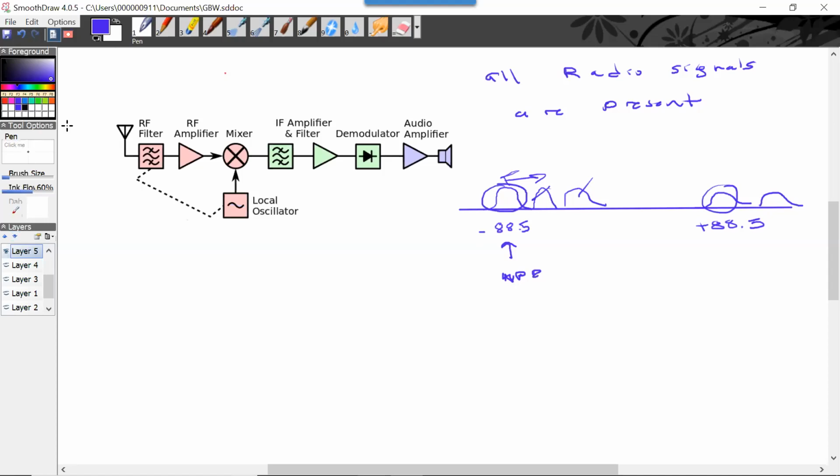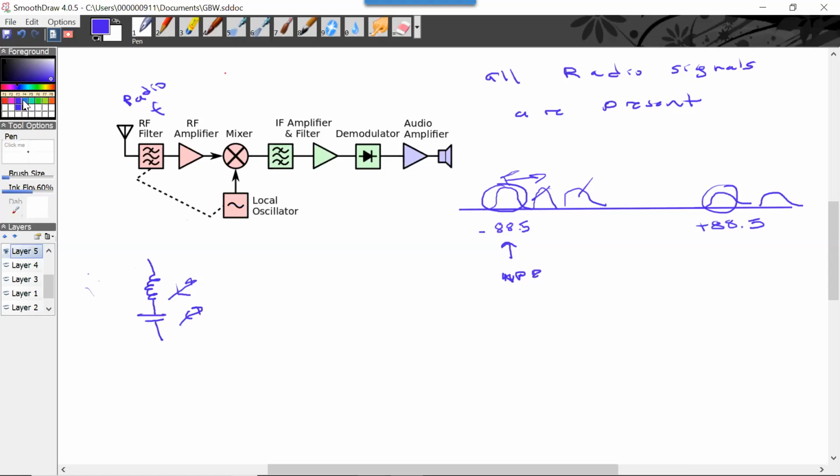Well, RF is radio frequency, and we need a bandpass. A simple bandpass is just an LC circuit. So the antenna will come in and you can tune the capacitor or tune the inductor to get a rough idea to move that bandpass around.